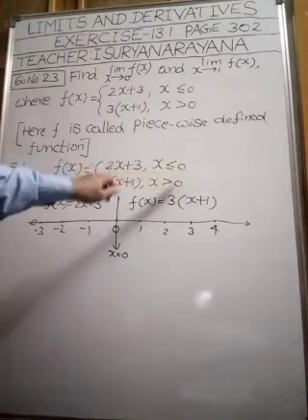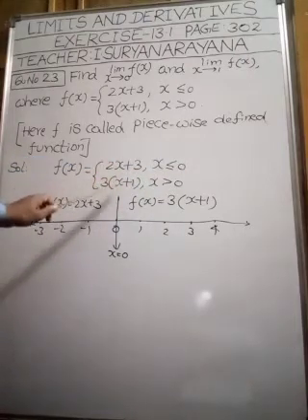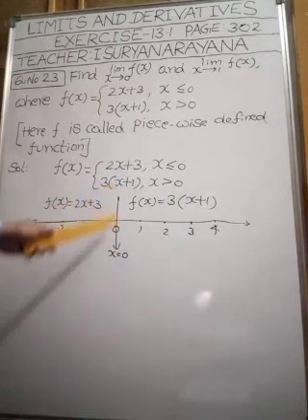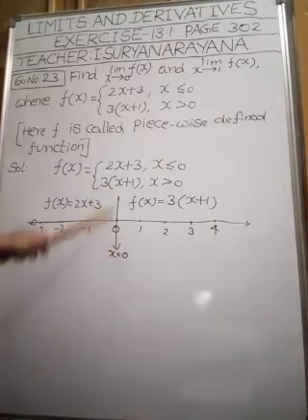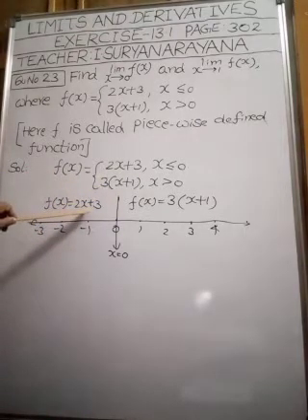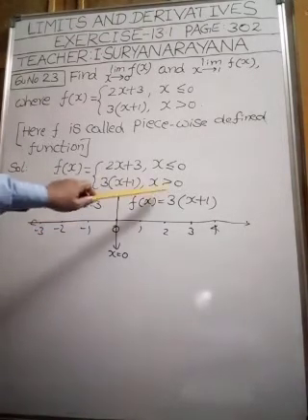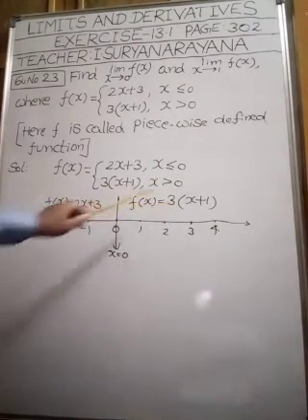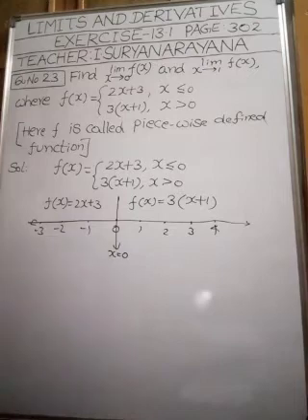At this point 0, the function is defined in two different ways. So I have drawn a dividing line at x is equal to 0. The left side is defined as f of x is equal to 2x plus 3 and the right side of 0 is defined as f of x is equal to 3x plus 1. Understood this point, my children? Right.